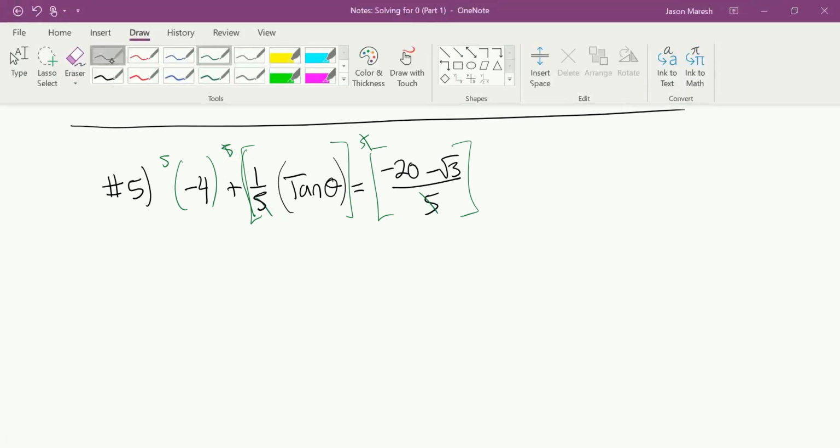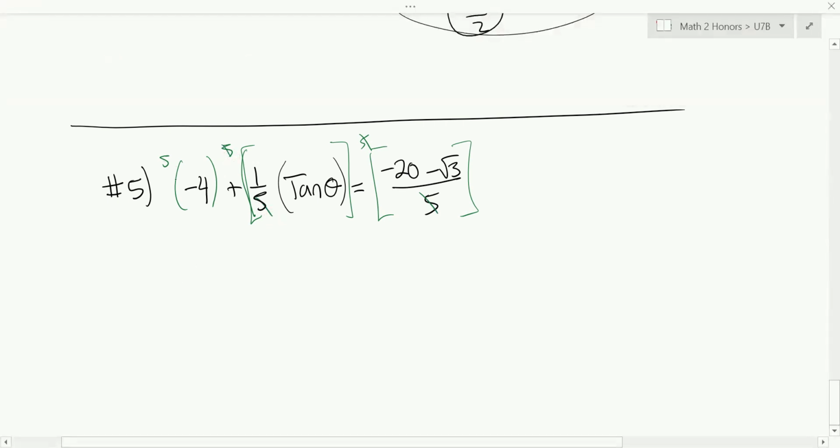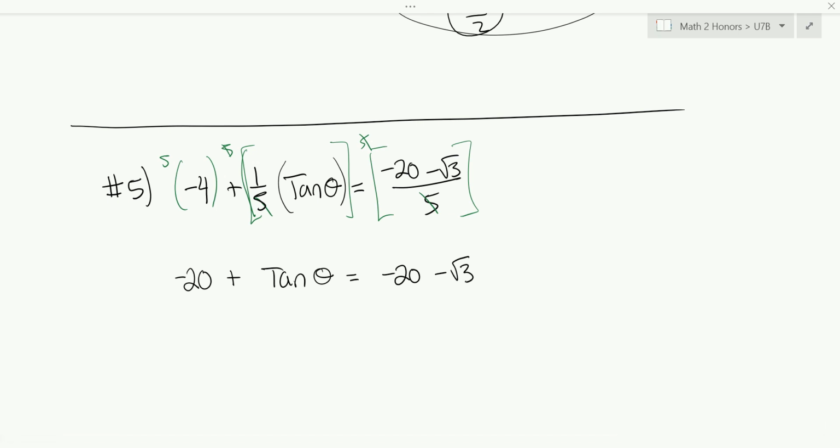And so now we have -20, because 5 times -4 is -20, plus the tangent of theta equals -20 minus root 3. Then add 20 to both sides. And now we have tangent of theta equals -root 3.